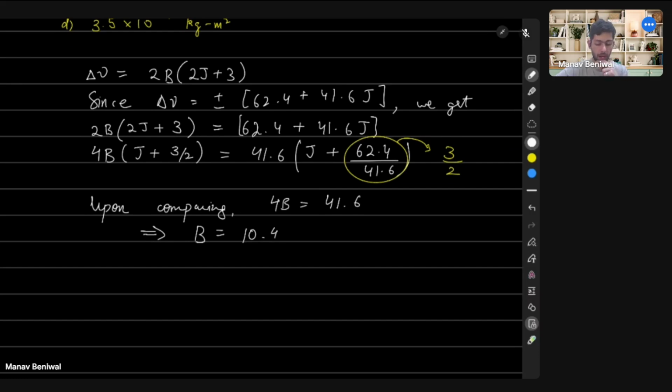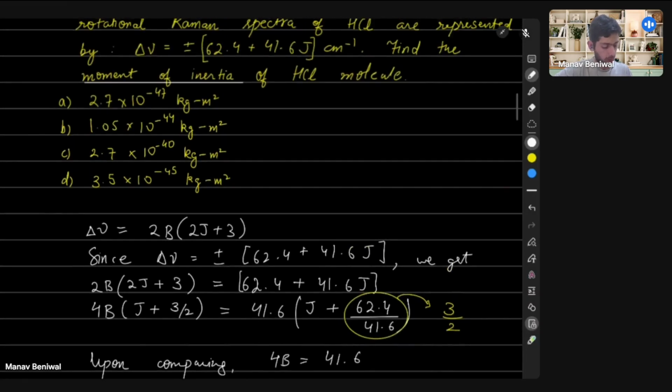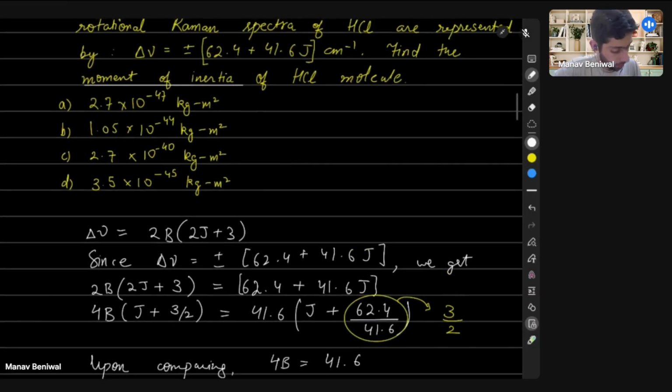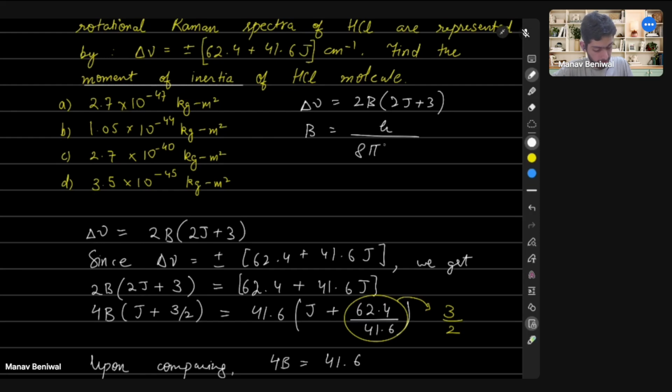Now, how is moment of inertia related to b? Let me write here. So we have two equations. One is delta mu is 2b(2j plus 3). This is one. And another equation is b is h over 8 pi squared I c.